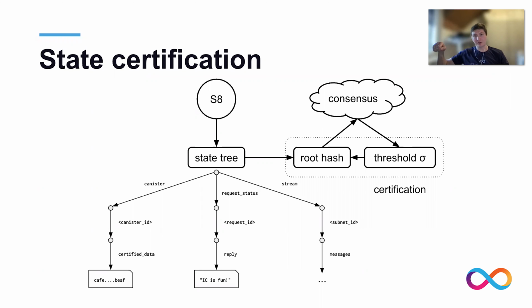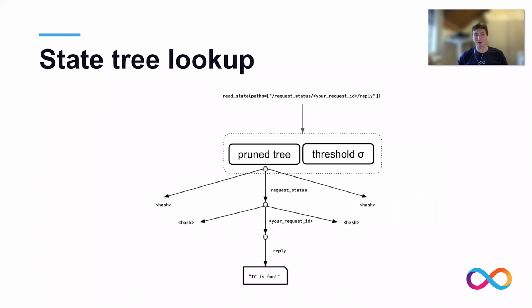From now on, you can run an arbitrary number of queries on the state, and you only need to talk to one node because it has the threshold signature, and you can trust it. You don't need to send 5 requests or 3 requests to different nodes to be sure that you have authentic data. The presence of the signature guarantees authenticity.